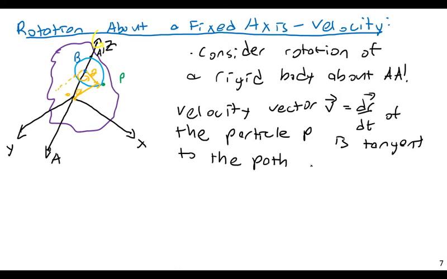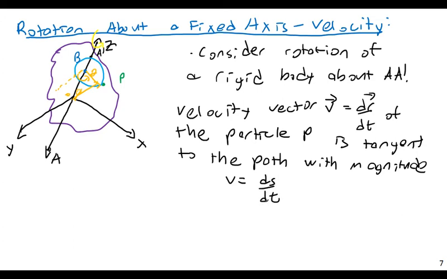So V is going to be my linear velocity of this point, tangent to the path, with magnitude V equals ds/dt.